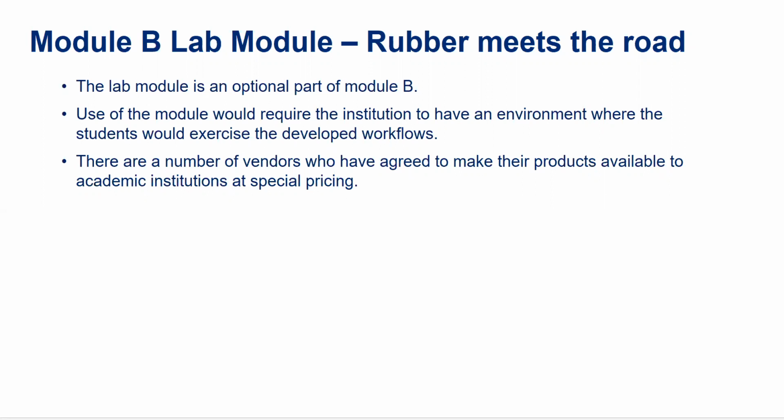They can be very expensive, and we've been able to impress on the vendors it really helps them going down the road if students come into the workplaces already familiar with how to utilize their products. It makes their job a whole lot easier when they're dealing with an organization that's trying to implement SOAR.